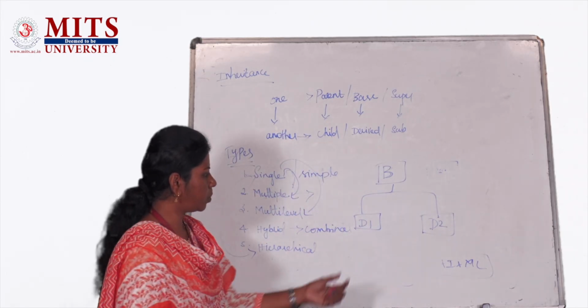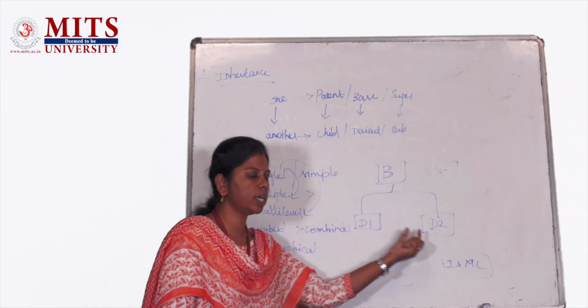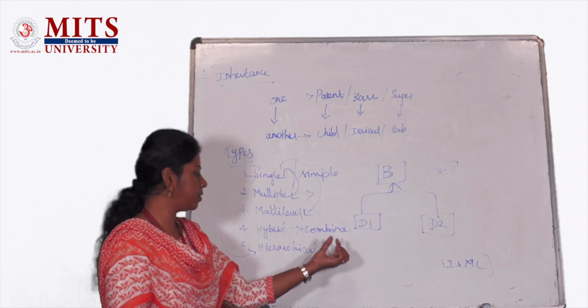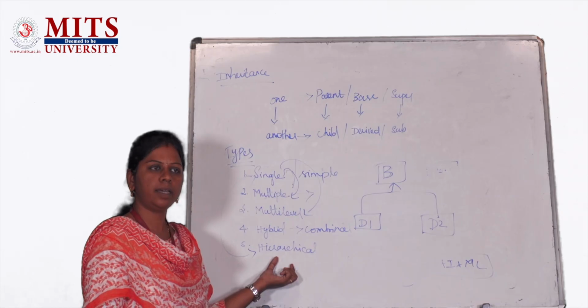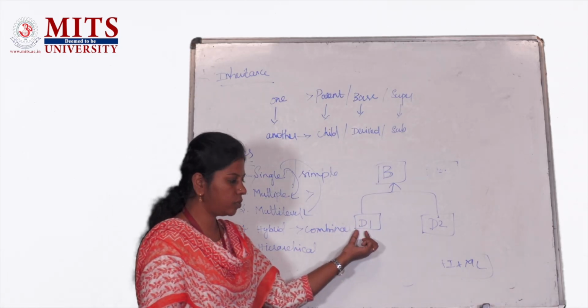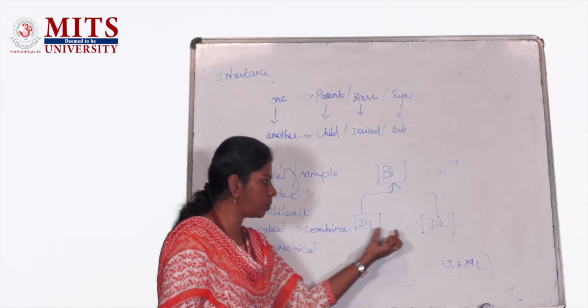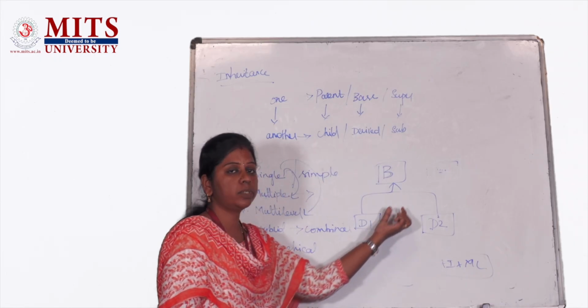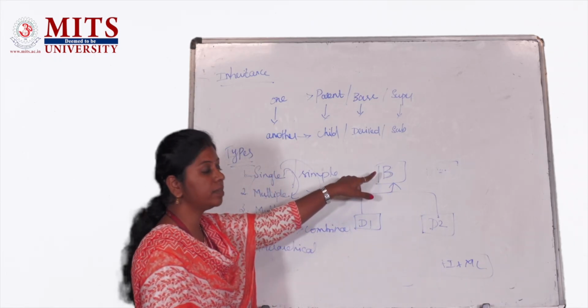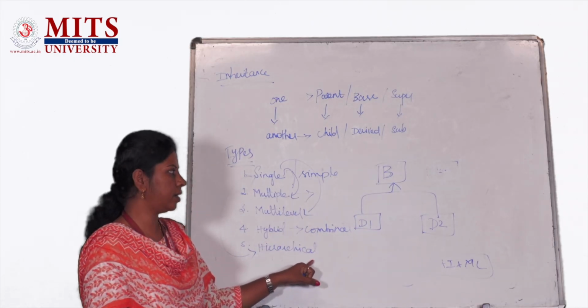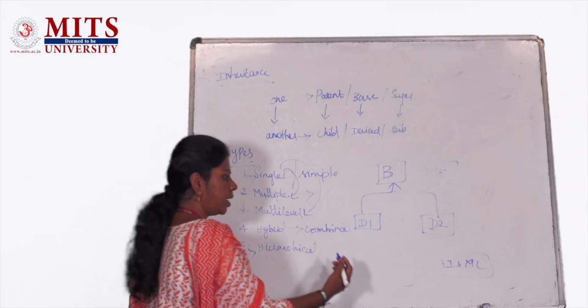This is one subclass and this is another subclass. So the process of deriving more than one subclass from a single base class is called hierarchical inheritance. Just see the example.